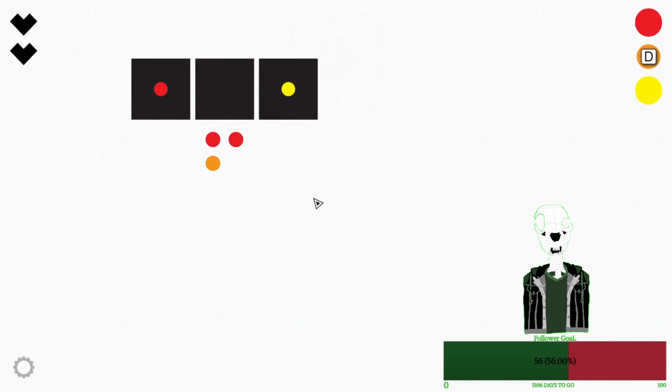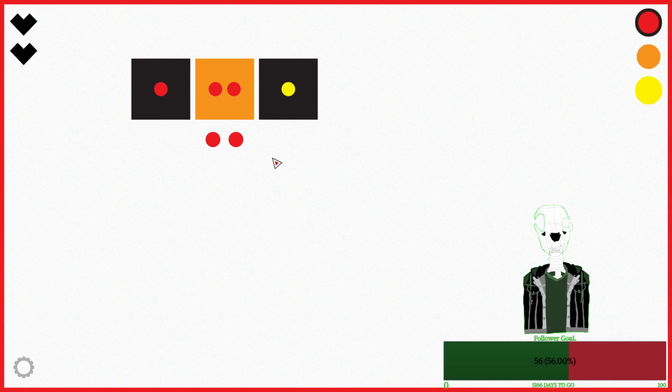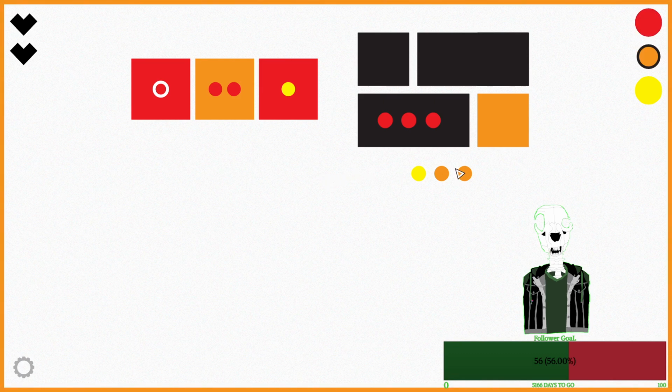So for example, what the heck? An orange? Oh, because red and yellow make orange? So it counts? But then it also has its own thing?